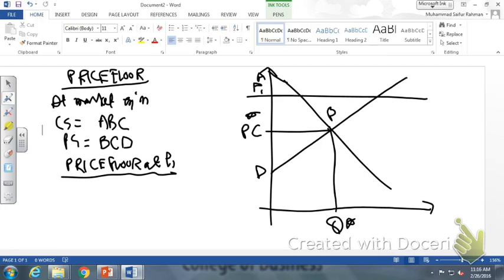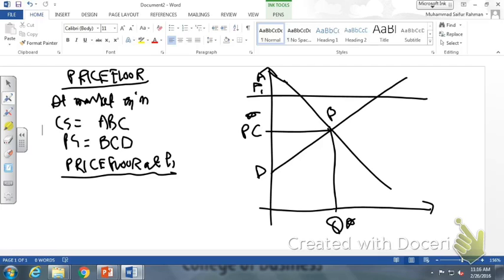Government regularly provides price floor support of agricultural production. Let's try to understand how a price support of an agricultural product above the market equilibrium price at P1 affects the market.